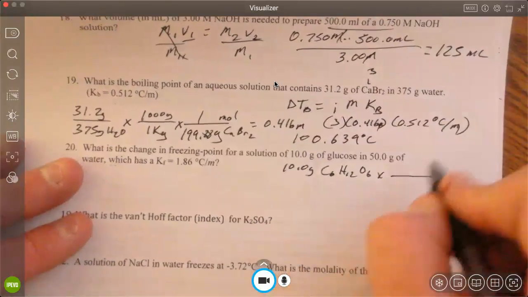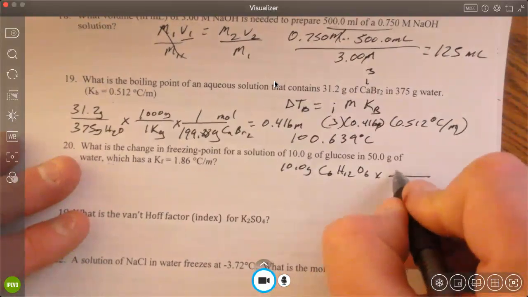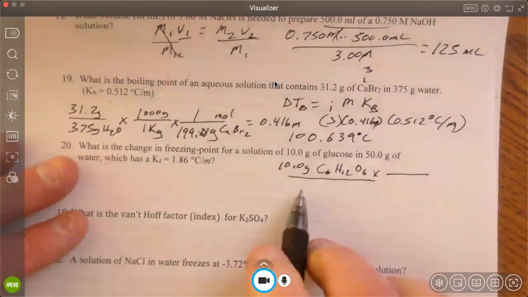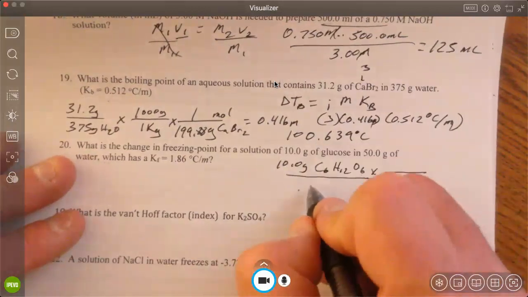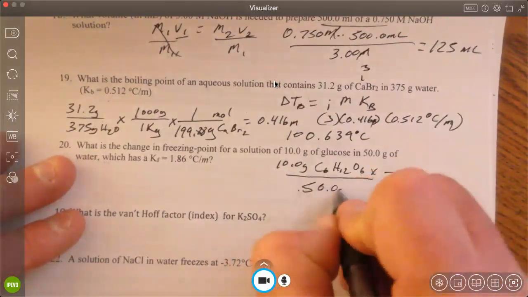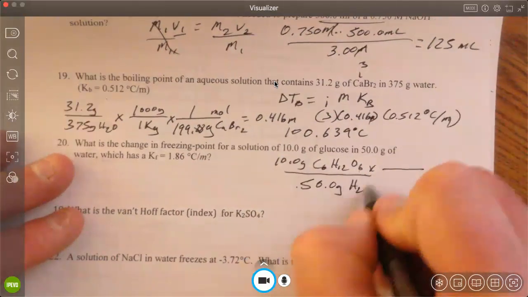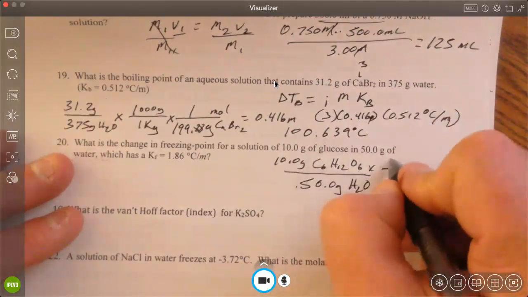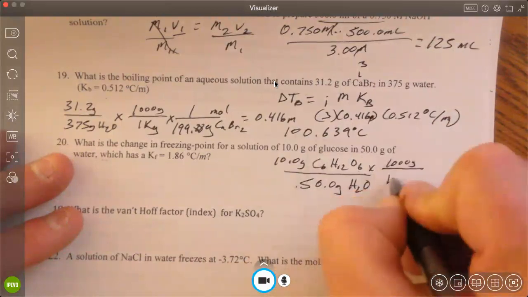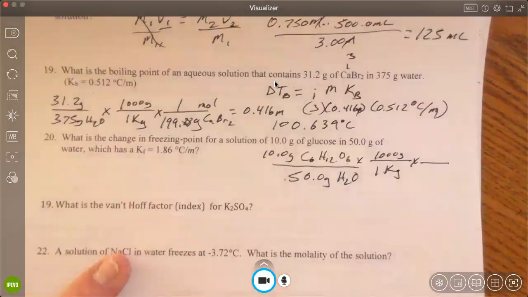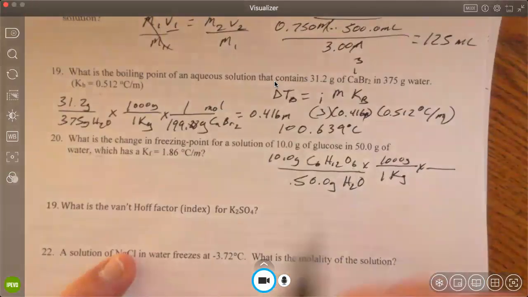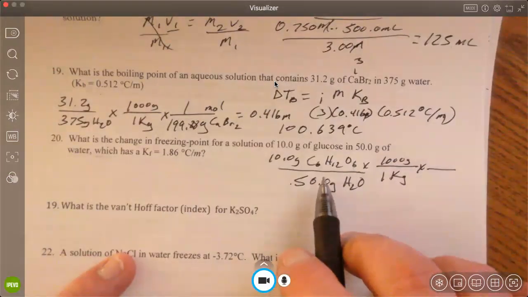So then we're trying to find molality. We need to find moles per kilogram. So we have 50 grams of water. And up here, we know that every 1,000 grams of water is 1 kilogram. 6 times 12.01 plus 12 times 1.01 plus 6 times 16.